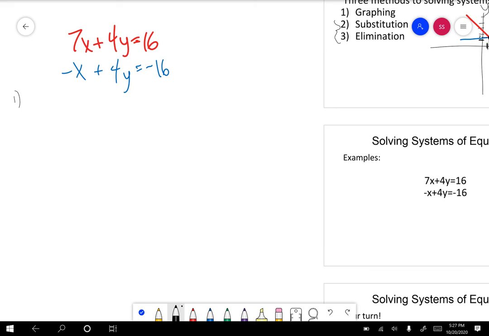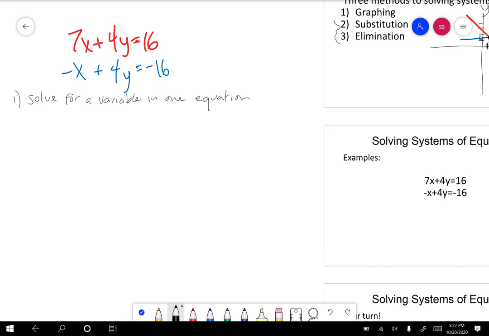So our first step is going to be to solve for a variable in one equation.